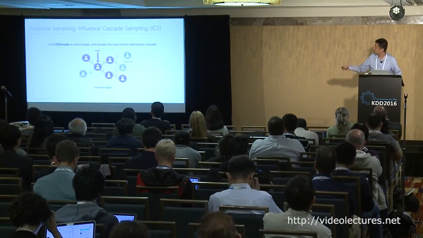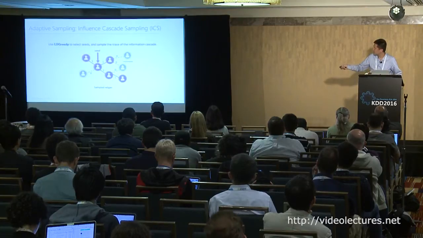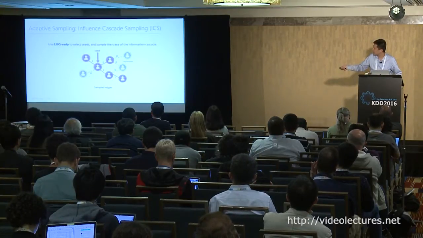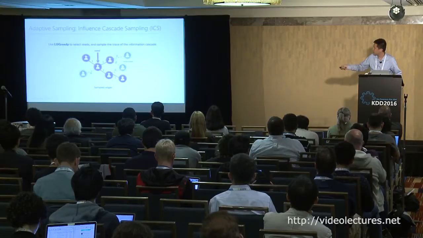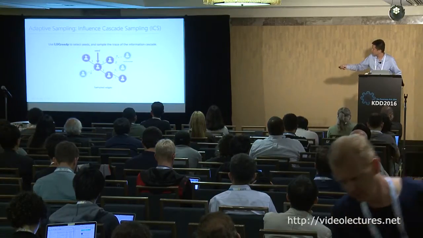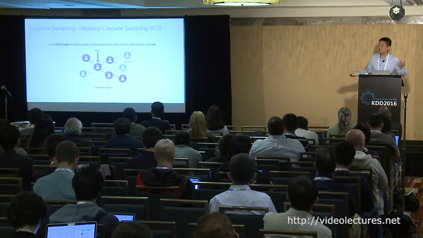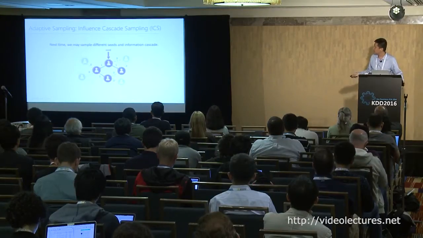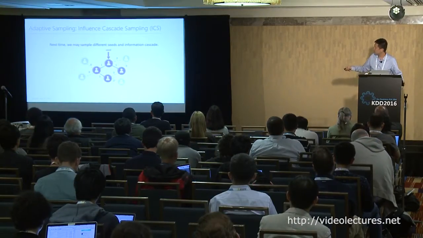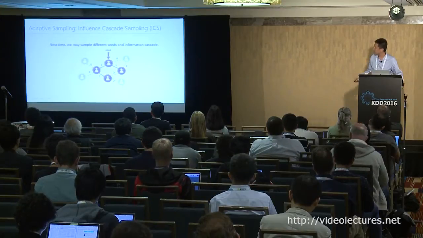In the first iteration, you find this seed, then those red edges are positive samples, and those gray dashed edges are negative samples. Then you get a better understanding of the edges. You update your interval and try another seed, which gives you other samples.